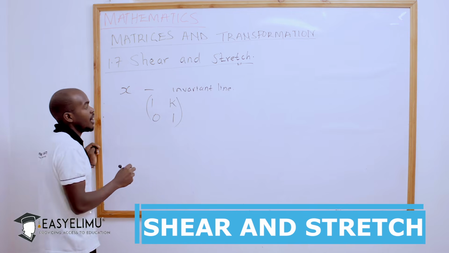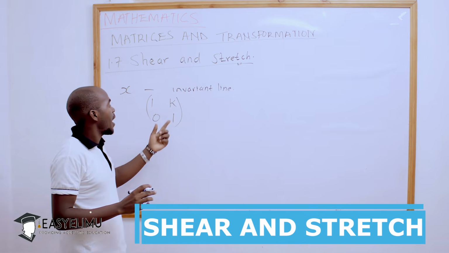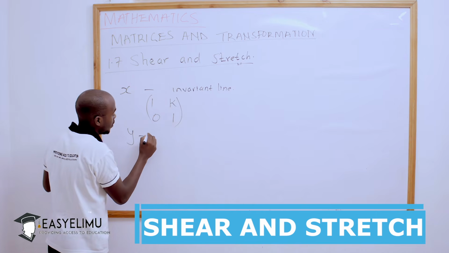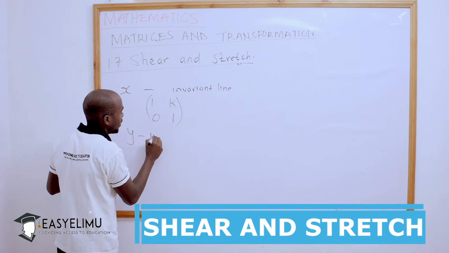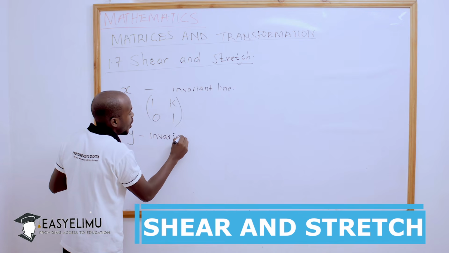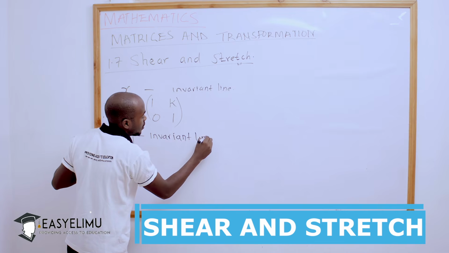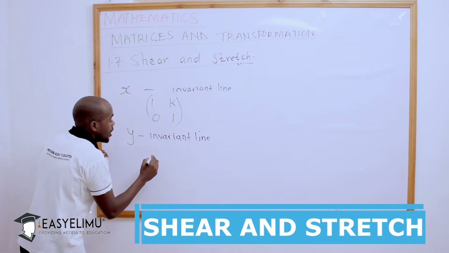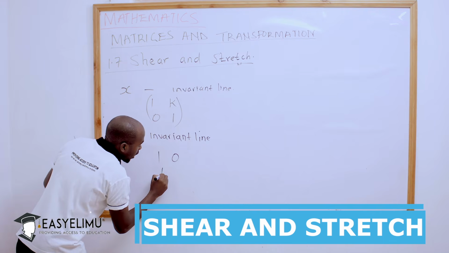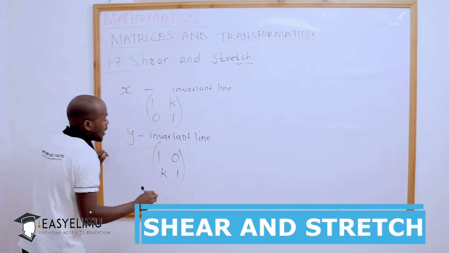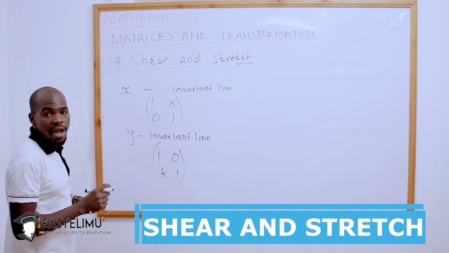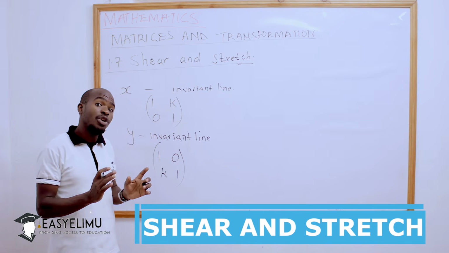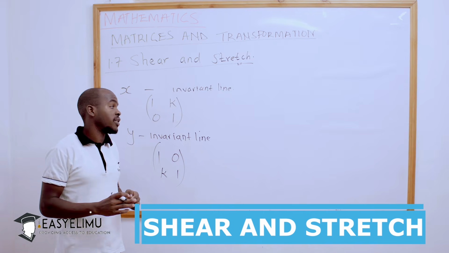This is the shear matrix with x-axis invariant. Then if y is the invariant line, the shear matrix will be 1, 0, k, 1. These are the matrices which you may encounter, and if you find one of them represented in that form, then you know that one is a shear matrix.